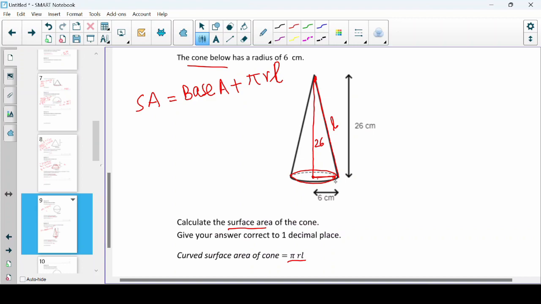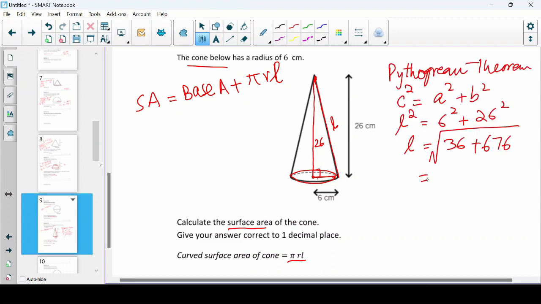So here L squared is equal to 6 squared plus 26 squared, which is 36 plus 676.